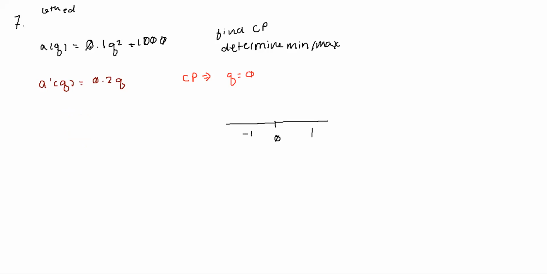Sorry, I'm just thinking out loud. If it was -1, then the sign would be negative, so it would be decreasing, and then to the right of 0, positive times positive is positive, so that would be a local minimum. I do know this.